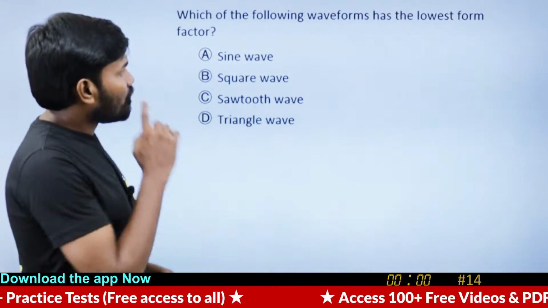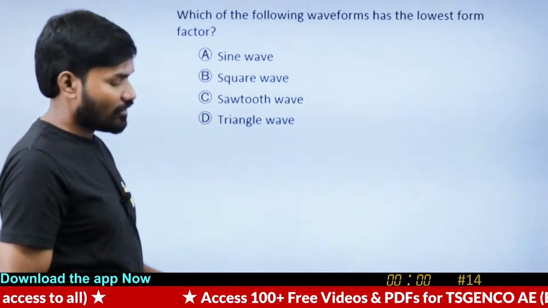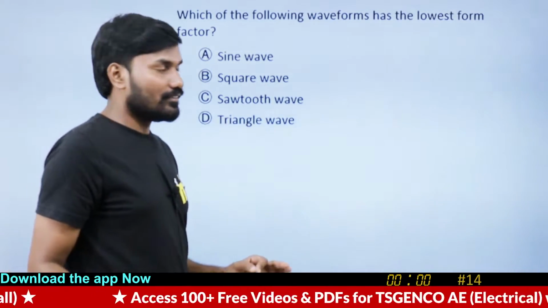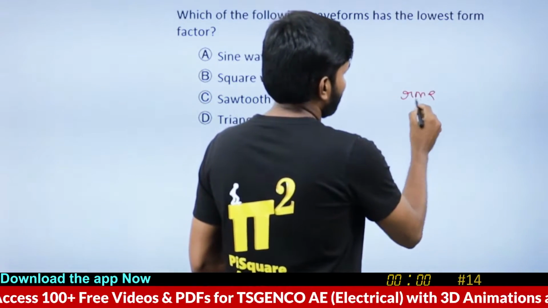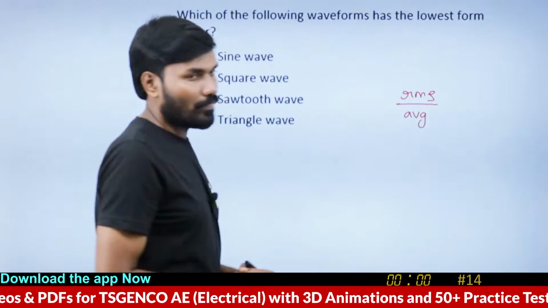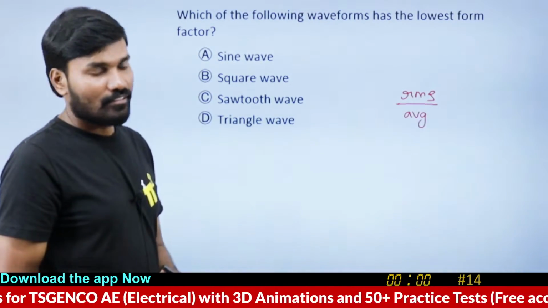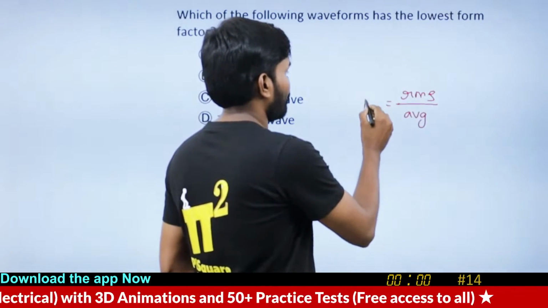Which of the following waveforms has lowest form factor? Form factor is the ratio of RMS to the average value. Am I right? So the ratio of RMS to the average value is the form factor.